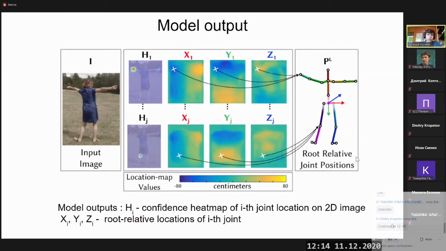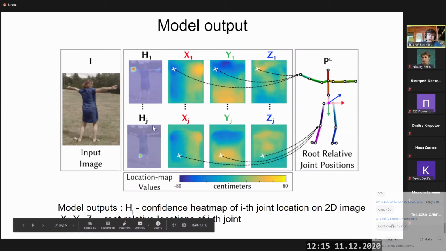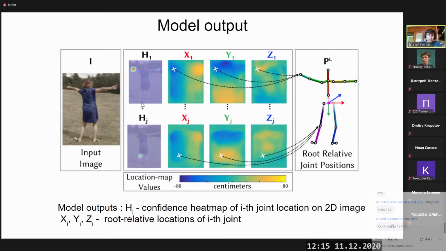Here we have 4 tensors for each key point. The first tensor is a heat map of the joint on a two-dimensional image, and the other tensors x, y, and z show the deviation of the point from the root point of the human.